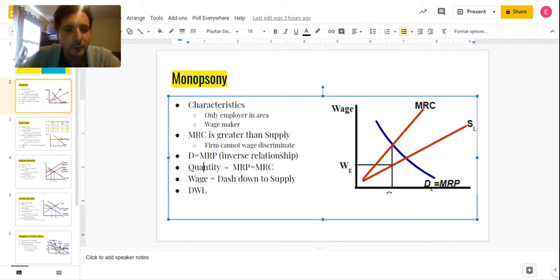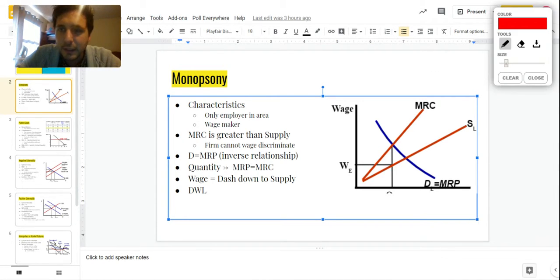Okay, keep going. So how do we figure out how many people we will hire? Well, it's our profit maximizing or cost minimizing policy, which is where MRP equals MRC. Let me get my handy dandy little marker here. Let's do purple. That's going to be right here. MRP equals MRC right there. We dash that down, and that gives us our quantity, which is cut off in the picture, so I'll do my best to put a Q in there.